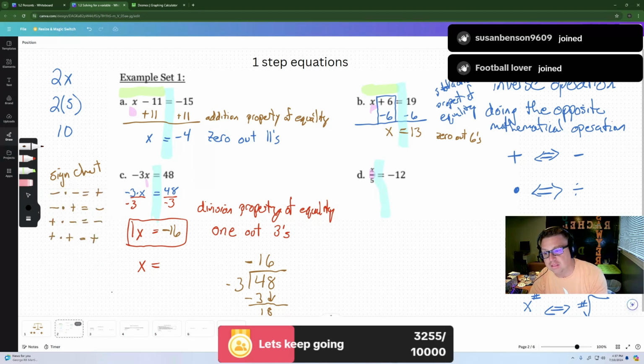I do not need the one there to tell me that. So your final answer is negative 16. But how the one disappears, it doesn't really disappear. It's just proper English and proper mathematical speak. We don't want to write the one there because it's kind of redundant. Okay? All right, last one.